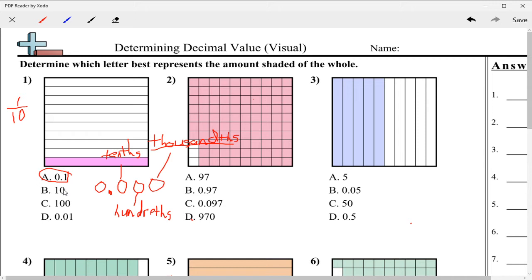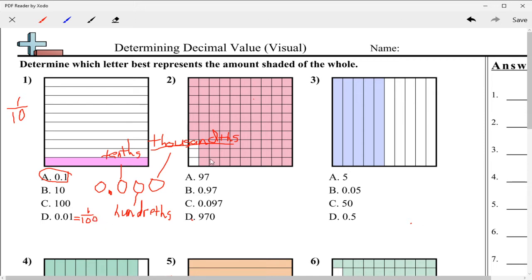This one is just 10. This is 100. There's no decimals in those. And then this one is actually 1/100th because the 1 is in the second column. That is after the decimal, so that is in the hundredths place. So if I were to write this as a fraction, it would be 1 over 100.